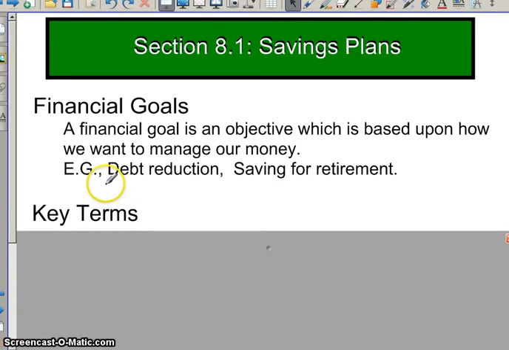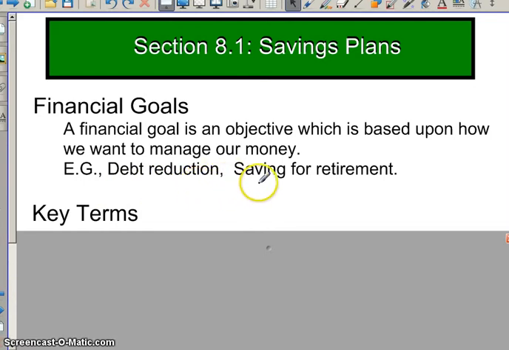If you bought a car, if you have a house, chances are you have a loan or a mortgage. And when people lend you their money, they expect something in return. And that's the interest that you're going to pay on the loan. So you will not only pay back the amount you borrowed, you will also be paying back the interest that accumulates. So paying off a debt quickly will help you reduce the amount of interest you have to pay.